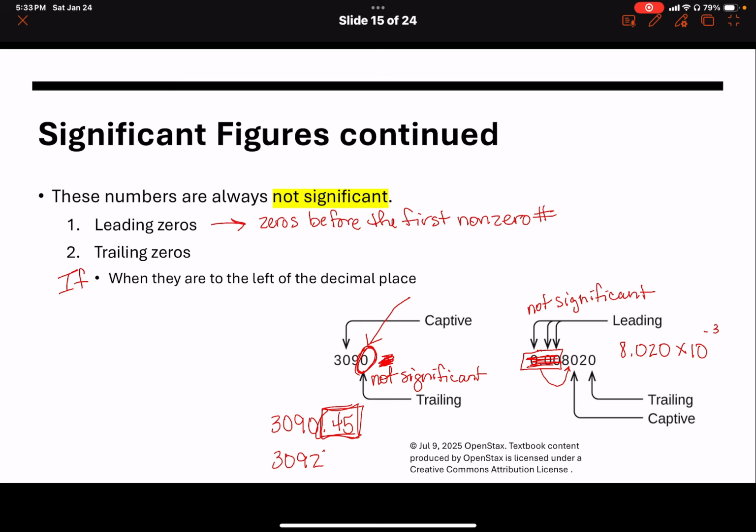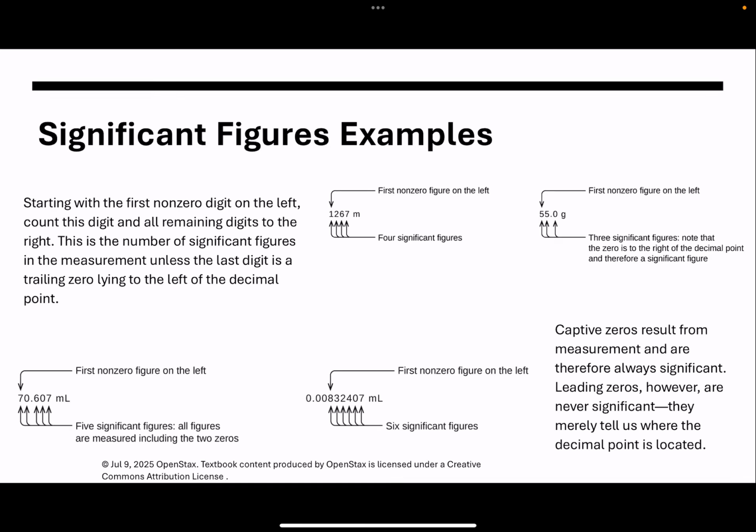We had to round this, and it's closer to 3090 than it is to 3100. So this is the number we had to go with based on what we were seeing.